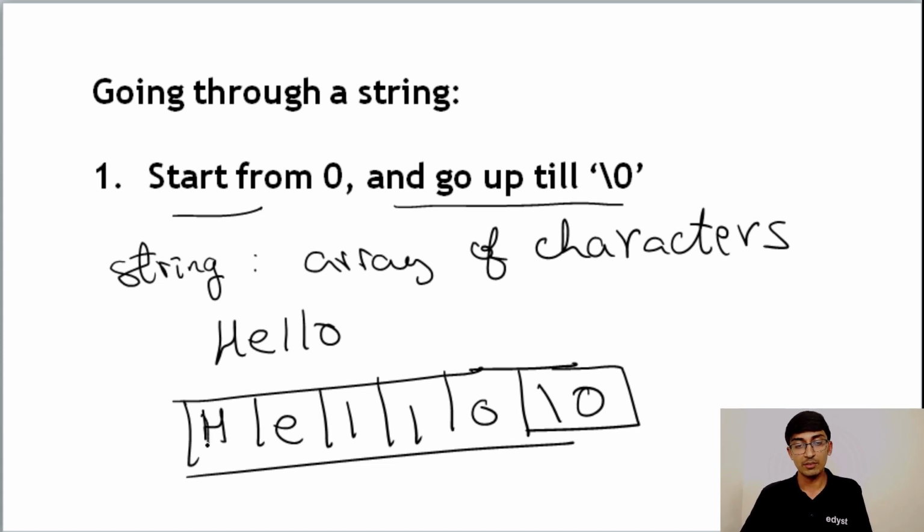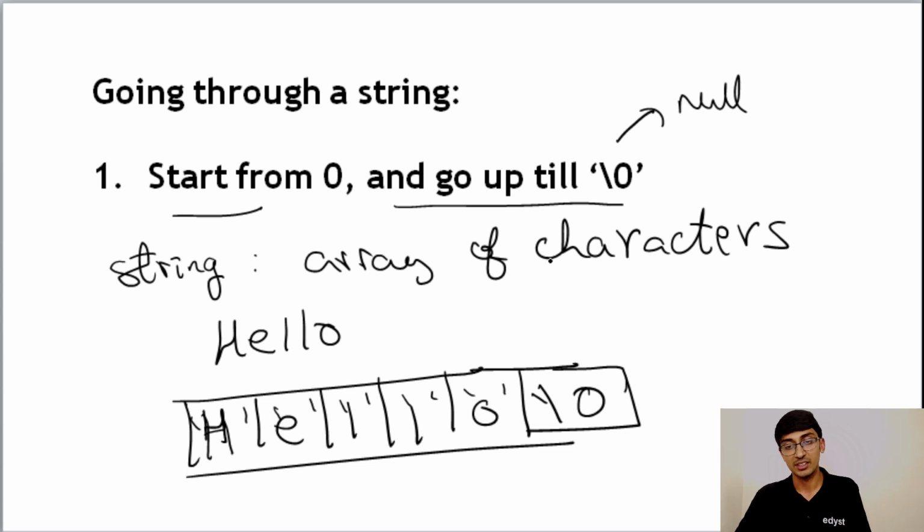So there's an H character, E character, L, L, O, and then there is something called a null character. The null character tells us that we have reached the end of the string. So everything before the null character is the string. The null character and anything after it is nothing. It's not part of the string. So this null over here tells us that we have reached the end of the string.